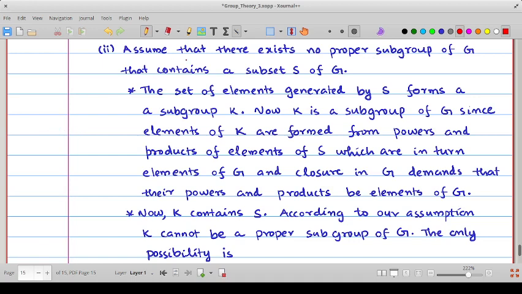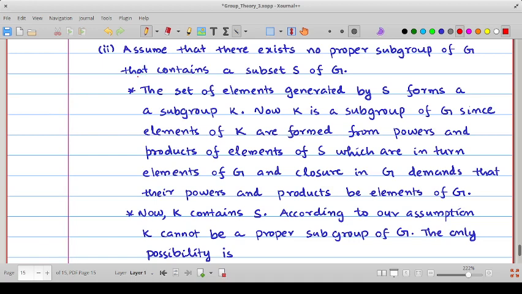But then we also assume that there exists no proper subgroup of G that contains a subset S of G. So obviously the group generated by S contains S, and the group generated by S is a subgroup of G, but it cannot be a proper subgroup because of this assumption that we made.